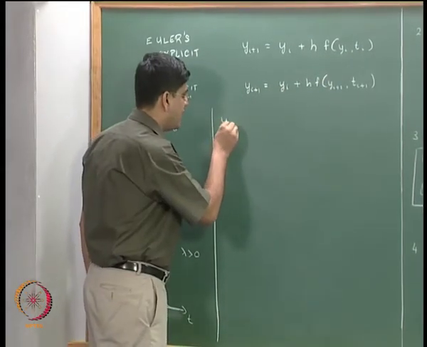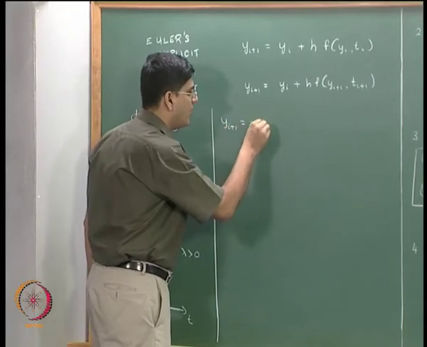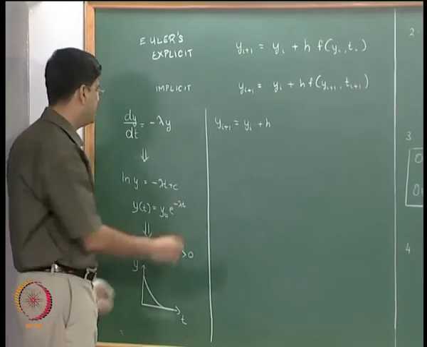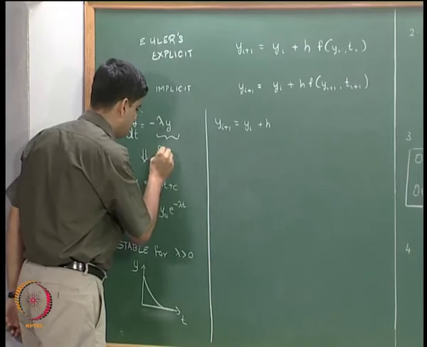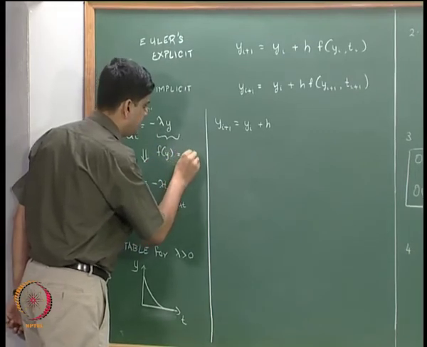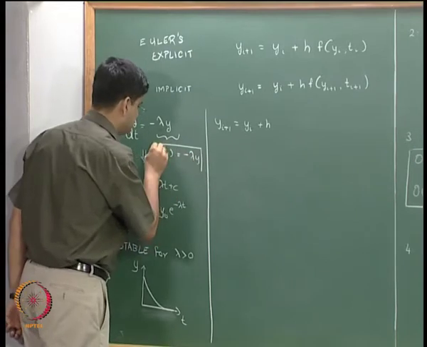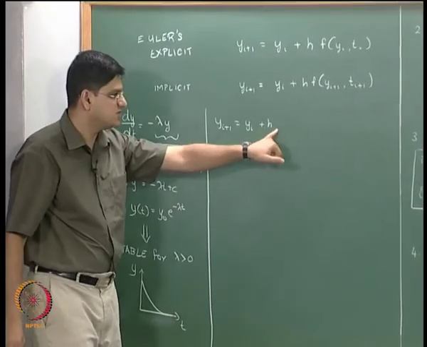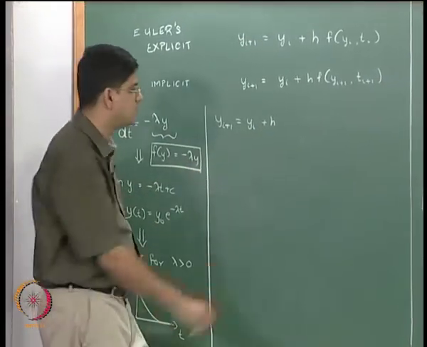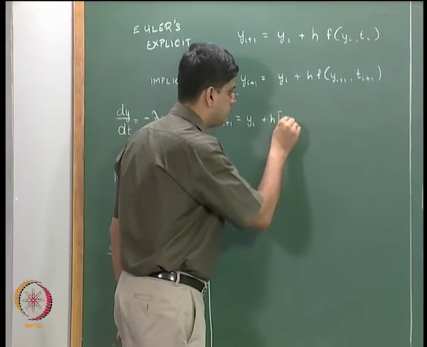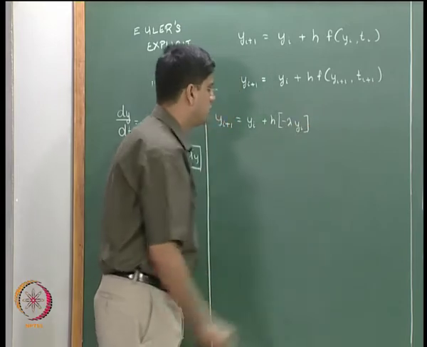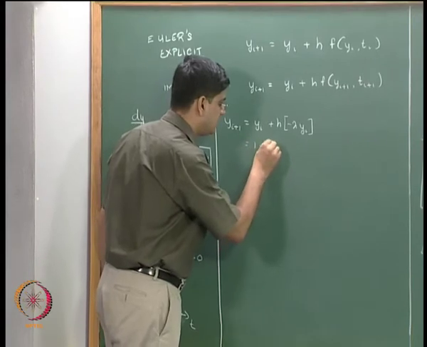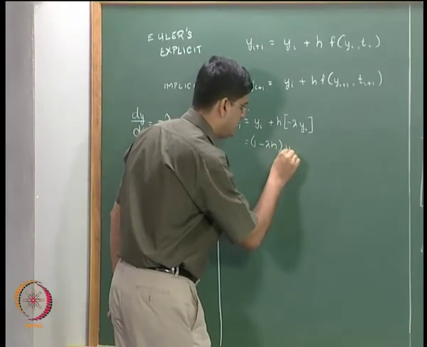We will have yi plus 1 equal to yi plus h times f of yi comma ti. The function f in this particular case is minus lambda y. So f of yi comma ti when we substitute is going to be minus lambda multiplied by yi. We can write this as 1 minus lambda h multiplied by yi.